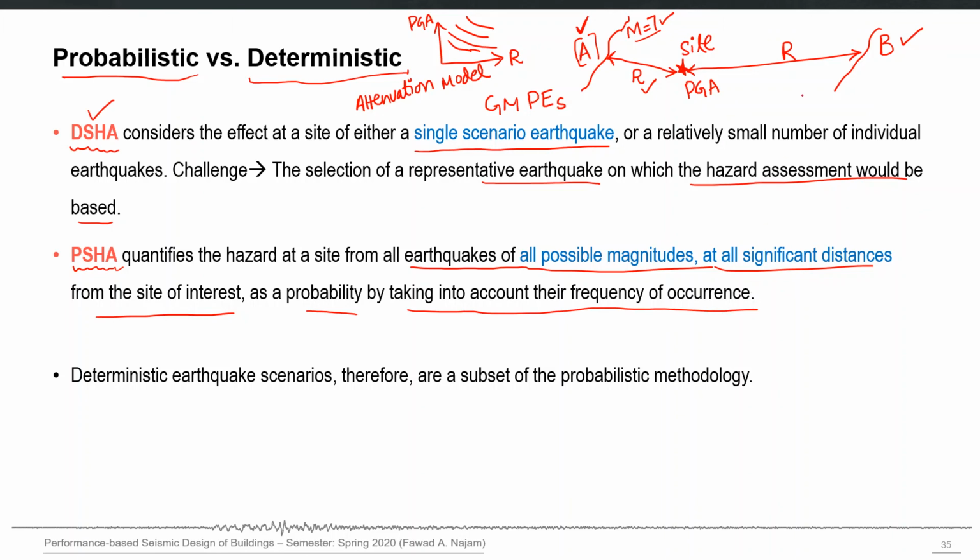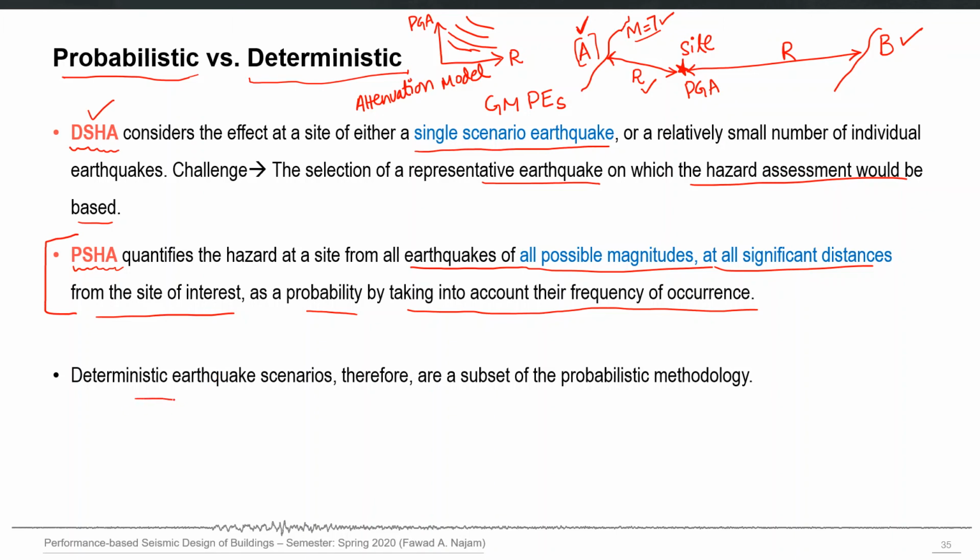All the seismic sources located at different distances and all the magnitudes expected from those sources are integrated in this case, and finally we come up with a more realistic number which can represent the future ground shaking. We will be discussing more about probabilistic seismic hazard assessment in future.